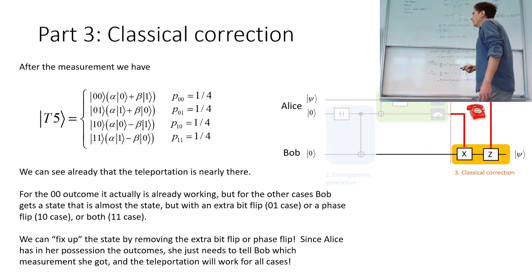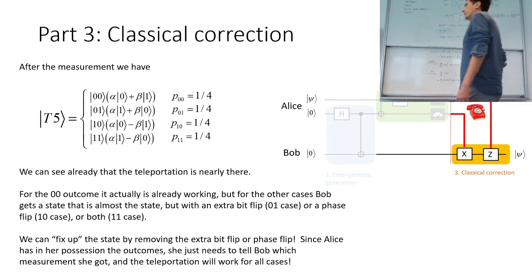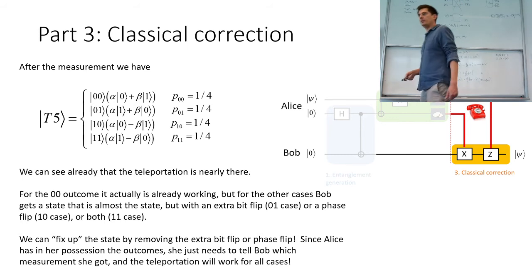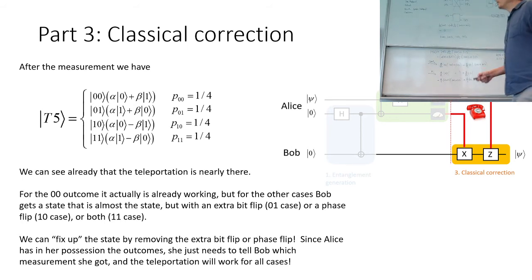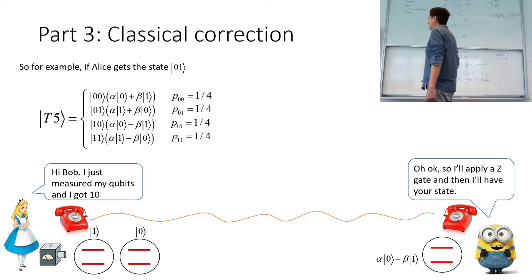So basically, what this classical correction is, depending on whatever case you get, you apply an extra X, which is a bit flip, or a Z gate, and that will fix up this extra factor that we've ended up with.